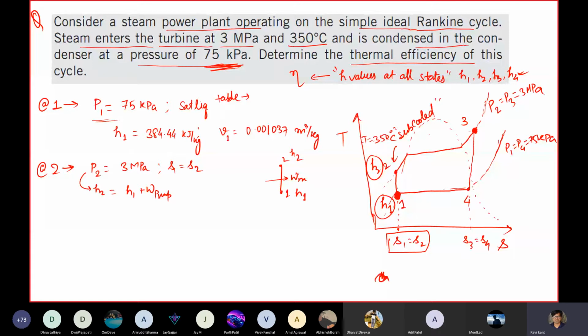Subcooled things you are going to estimate as saturated liquid, a sort of approximation, and then you should find. But this will give you a better result. It seems an accurate result, so we will stick with this. We can also do that, and you should do that and tell me the answer side by side. Somebody has to do it.